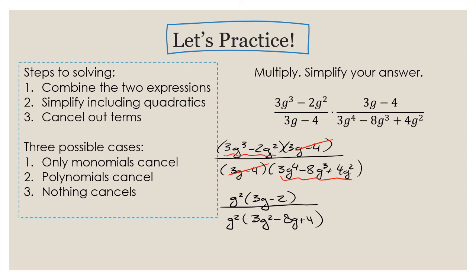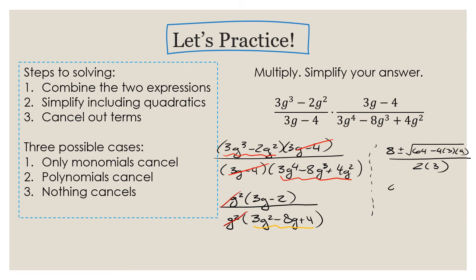All right, I've already got another cancellation, and I'm hoping I can cancel again, but I'm going to need to simplify this quadratic. So let's do it again. I'm going to do it over here. Negative b, so 8 plus or minus the square root, 8 squared, which is 64, minus 4 times a, 4 times 3, times c, all that over 2 times 3.